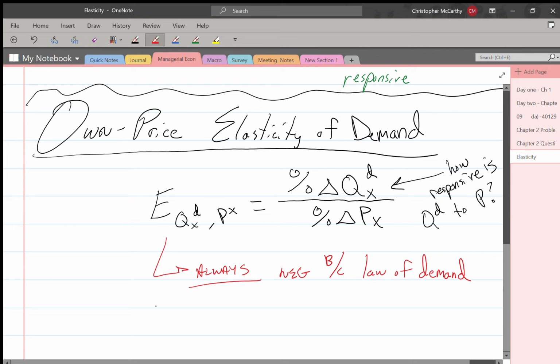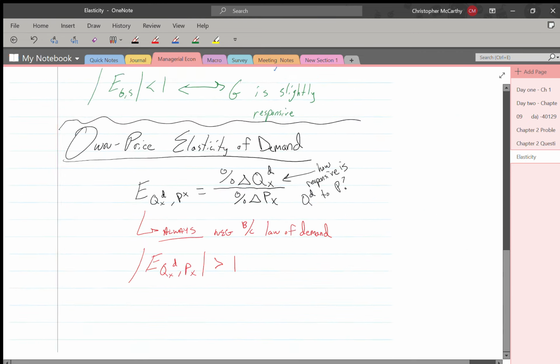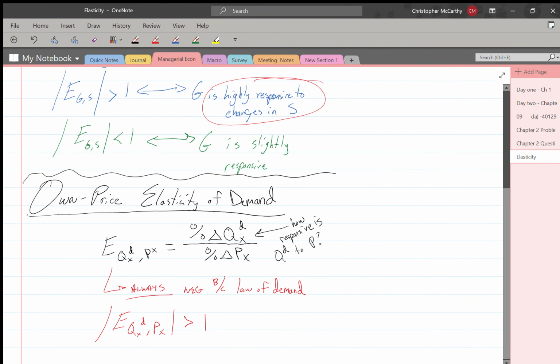So if the absolute value of an elasticity is greater than 1, and there's lots of responsiveness, right? Highly responsive to changes in S. That high responsiveness, when it's couched in the context of own price elasticity of demand, is called elastic.